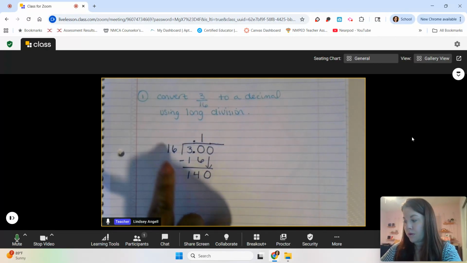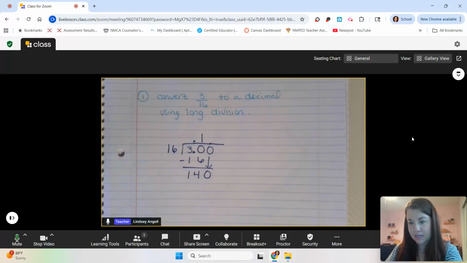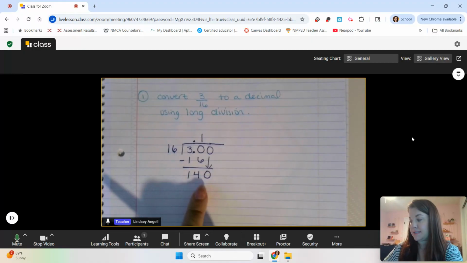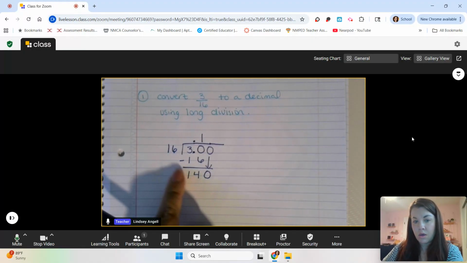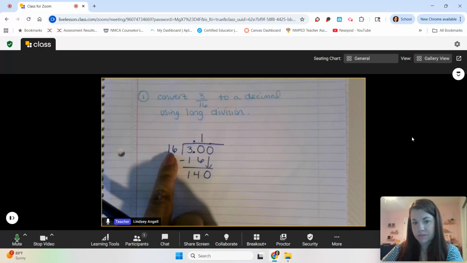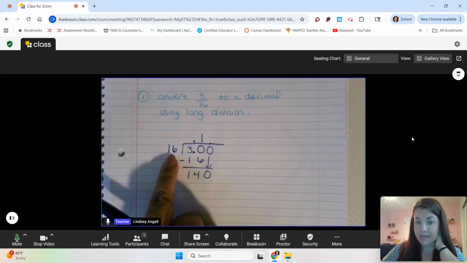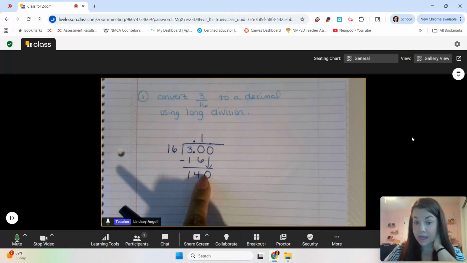Well, one way to get a good guesstimate for how many times 16 goes into 140 is, if I multiply 16 by 10, that gets me to 160. But that's too high. But it's fairly close, right?